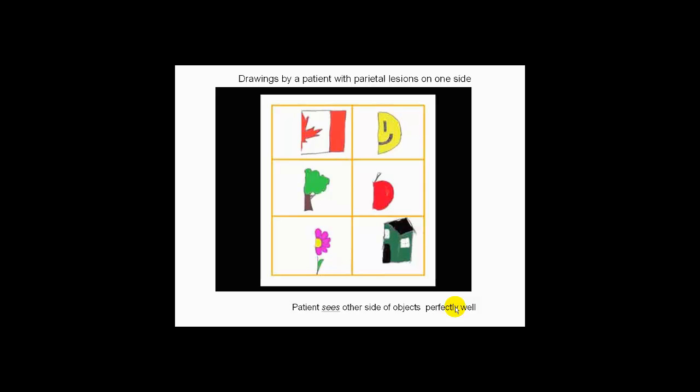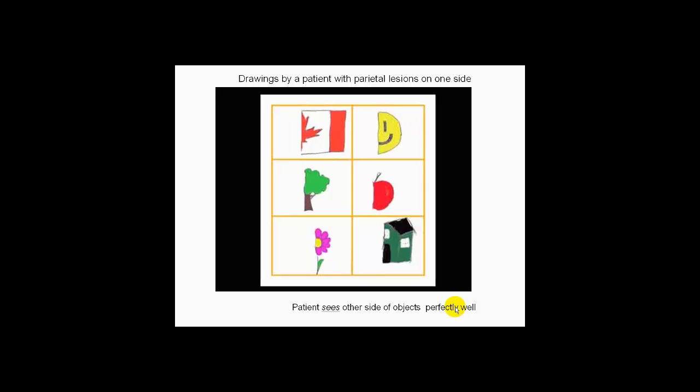This kind of data has led some people to think that the person sees it, but they apparently are not conscious of it. Or at least when you ask them to draw the thing, they just don't draw that half of the object, as though they were not conscious of it. So this kind of data is consistent, doesn't prove, but it's consistent with the idea that maybe the parietal cortex has something to do with conscious visual perception.